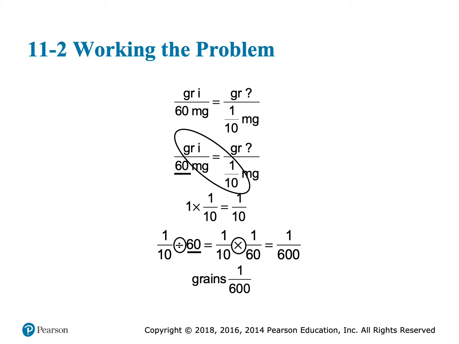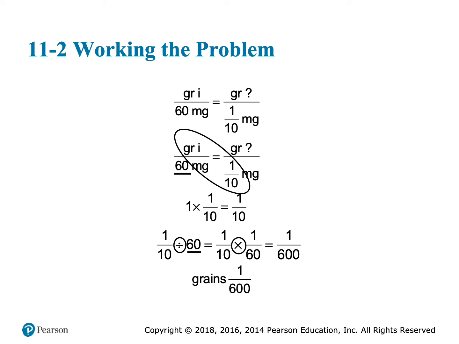Then we're going to divide 1/10 by the remaining number, which is 60. Remember, 1/10 divided by 60 is like 1/10 divided by 60 over 1. Now, remember, when we are dividing fractions, we reciprocal the fraction to the right of the division sign and change the sign to multiplication.